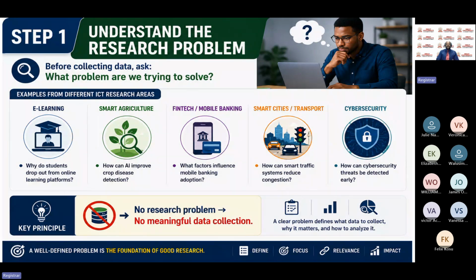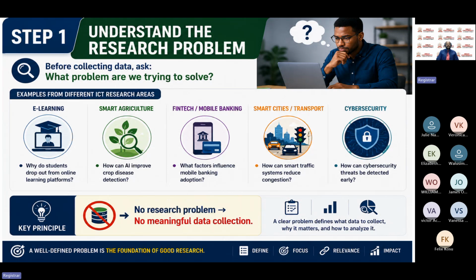Because we know in many places the traffic lights work on the density of the vehicles on each side. It measures the density of the vehicles using cameras or sensors, and based on that, the switching of the traffic lights at the junctions happens. Now, cybersecurity: how can cybersecurity threats be detected early? I'm just giving some sample examples.